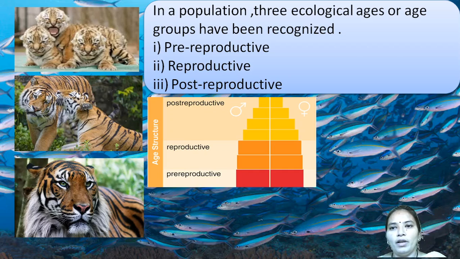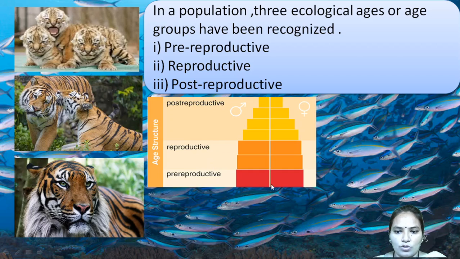Here we can see that in a population, three ecological age groups have been recognized. The first is pre-reproductive, the second is reproductive and the third is post-reproductive. So here we can see that the young ones will be considered in the pre-reproductive age, whereas the male and female are the reproductive, whereas the old tiger over here can be considered as the post-reproductive age.